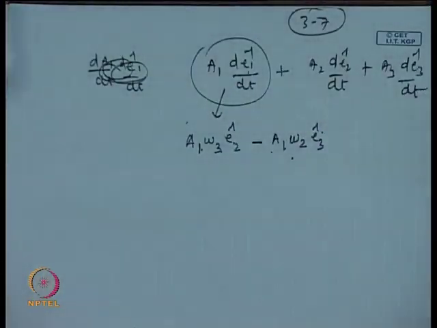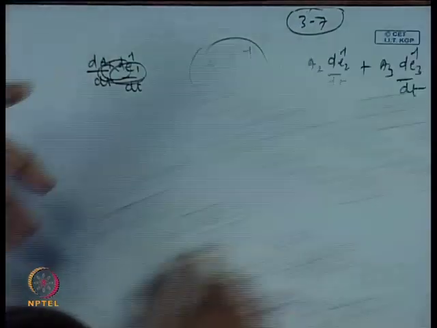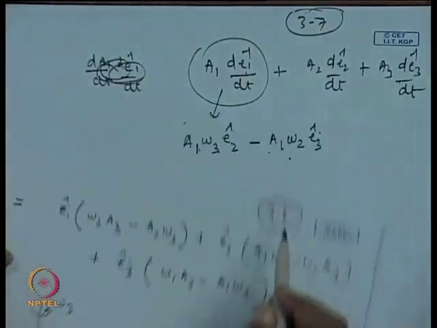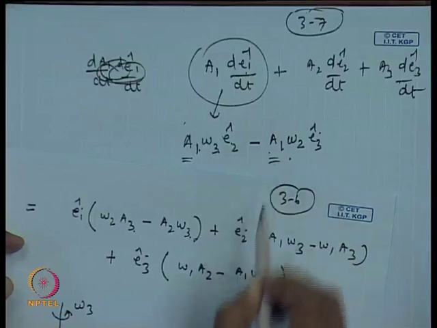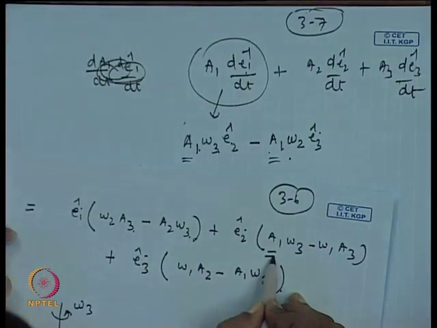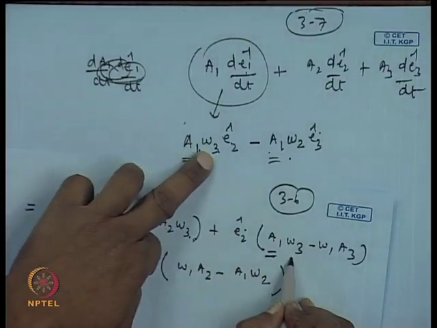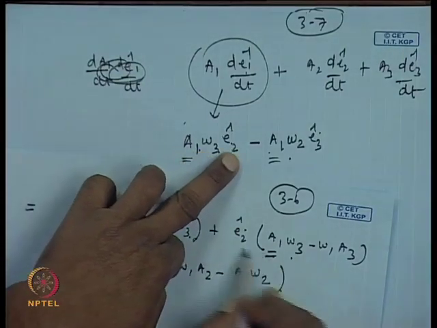Okay. Now, you search for the expanded expression that we have written, where a1 appears. So, look for that sign of a1 with omega 3, this is a1 with omega 3, and E2 is here.